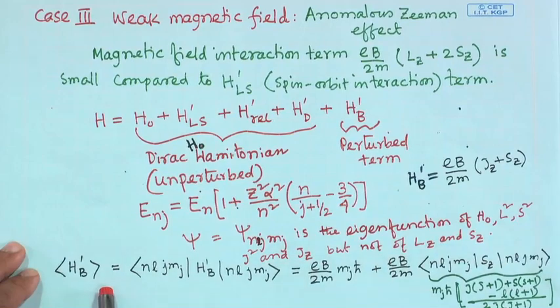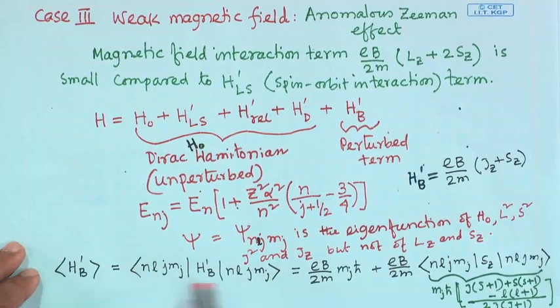Okay. So, how to find that correction term? In Dirac notation I have written it: psi n l j m j, then this H dash Hamiltonian, the correction or perturbation term, and then psi n l j m j.